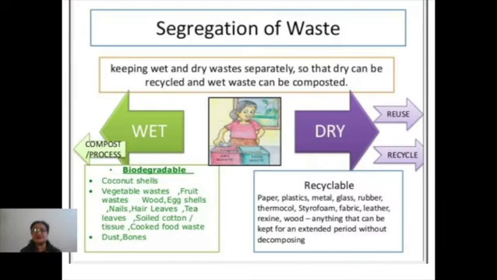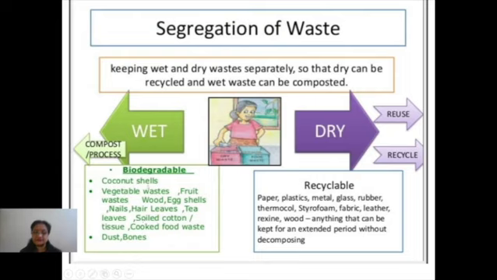Now, segregation of waste, basically, means keeping wet and dry waste separately so that dry can be recycled and wet waste can be decomposed. That is one thing. Then biodegradable waste especially includes what? Coconut shells, vegetable waste, fruit waste, the eatables, and then dust, then bones.